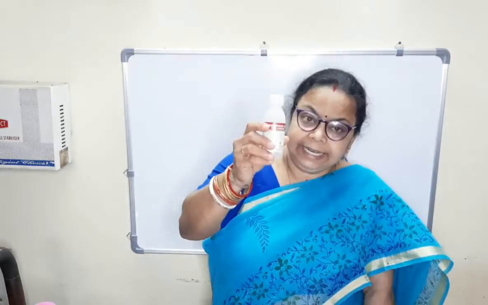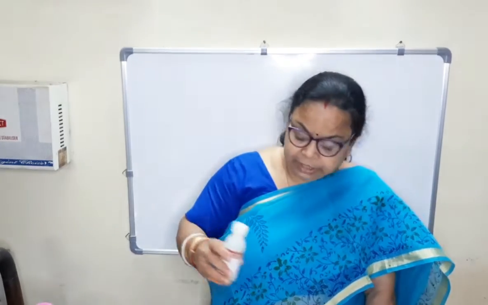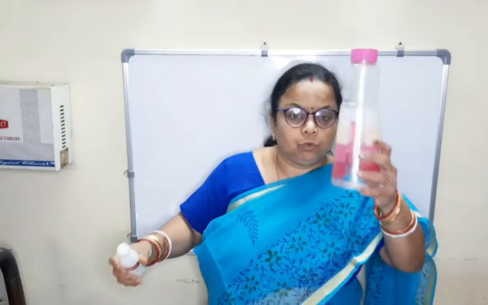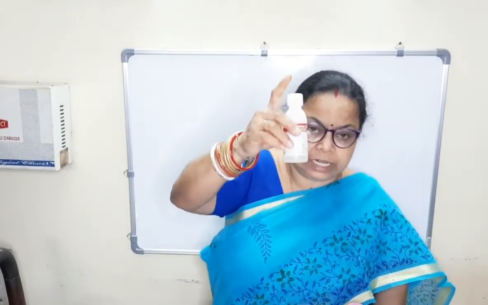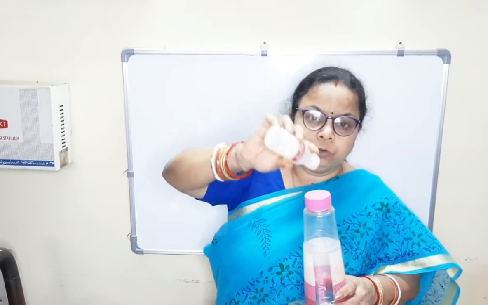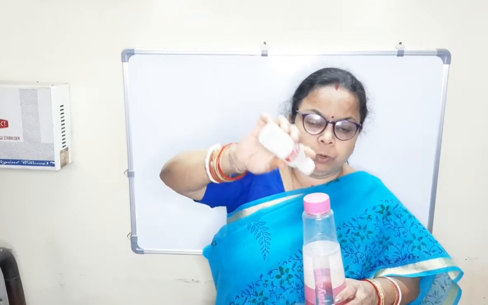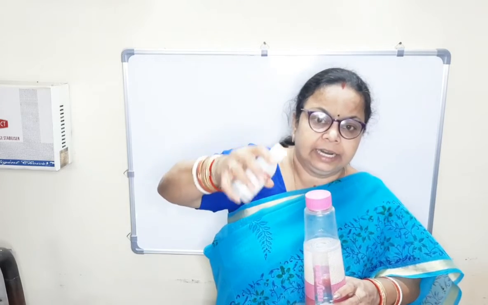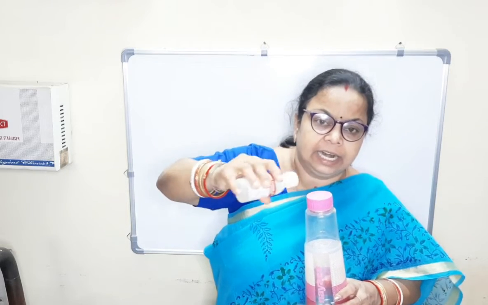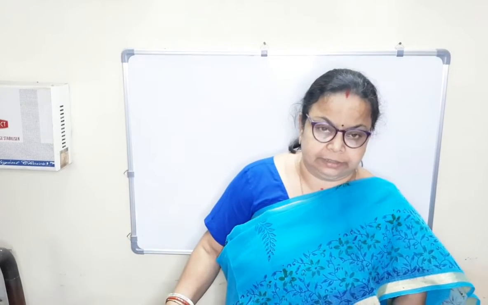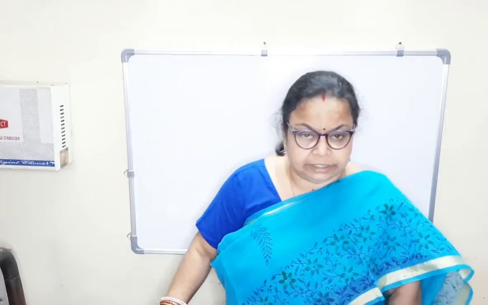Okay. 10 times of this bottle, when you add here, it is 1 liter, because the capacity of this bottle is 100 milliliter. 100, 200, 300, 400, 500, 600, 700, 800, 900 and 1000 is equal to 1000 milliliter, children. 1000 milliliter is equal to 1 liter.